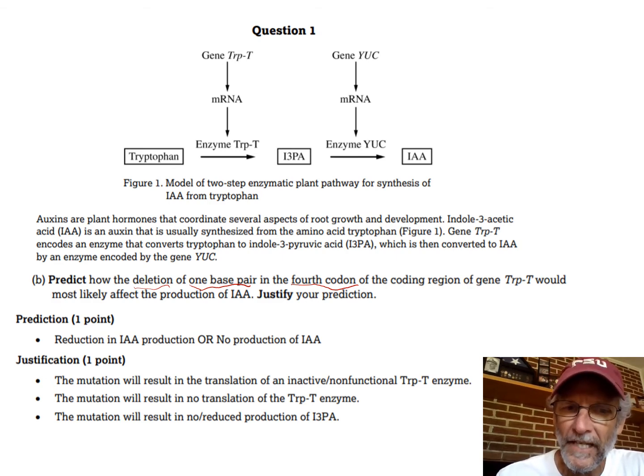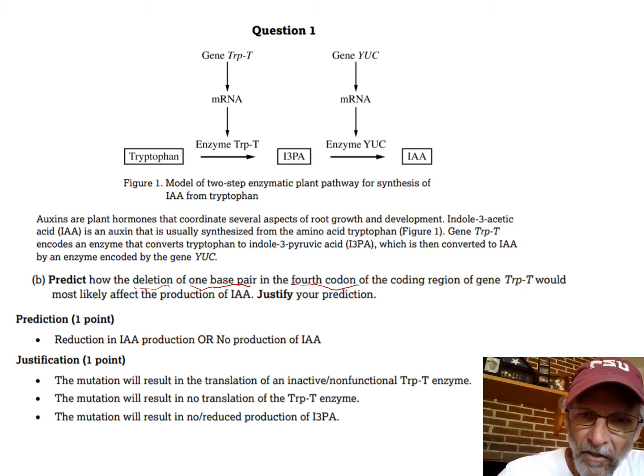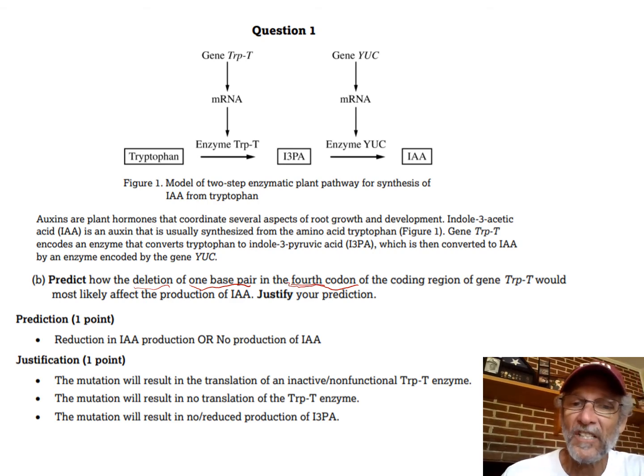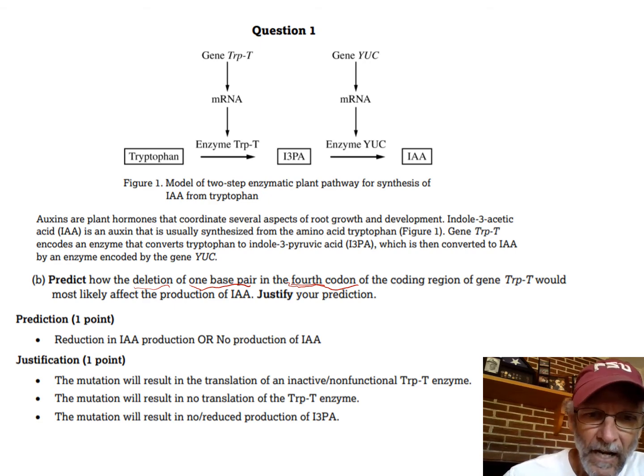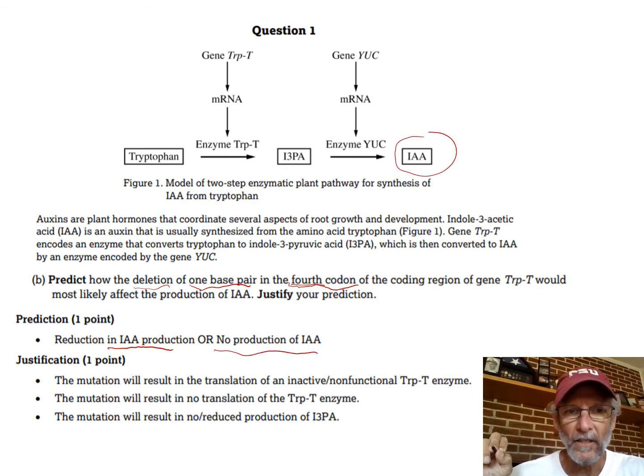This is usually a bad thing, a big change, right? They said the fourth codon on purpose because they expect you to know that your normal enzyme is a few hundred amino acids long, so this is going to be a big change. You predict very little IAA or probably no production of this.